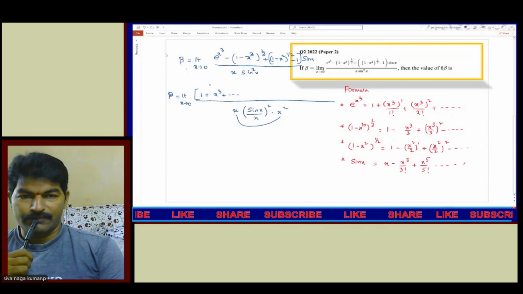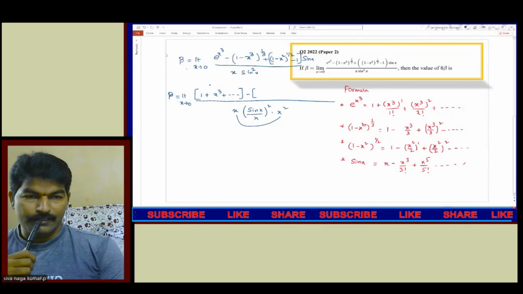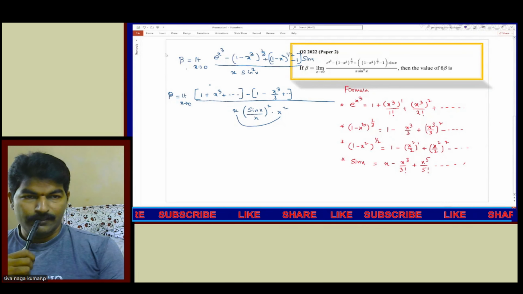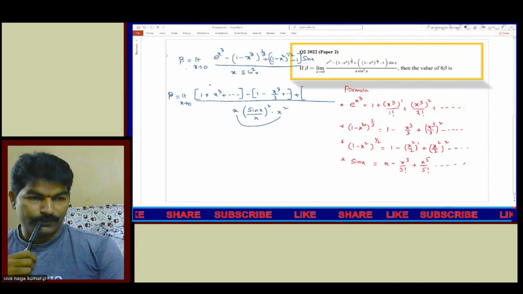Take a bracket for each value, minus again bracket, and in this bracket 1 minus x cube by 3, and so on. This is the 1 minus x cube whole power 1 by 3 value. And plus, there will be a separate bracket for 1 minus x square whole power 1 by 2, this formula, and this is 1 minus x square by 2.